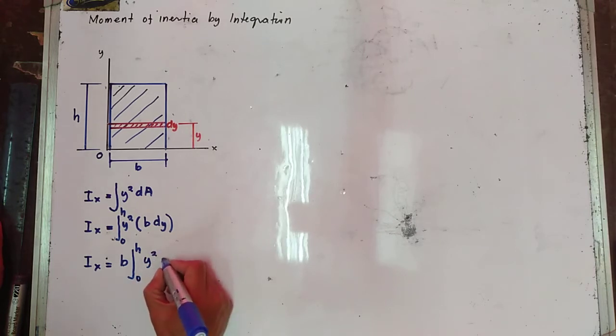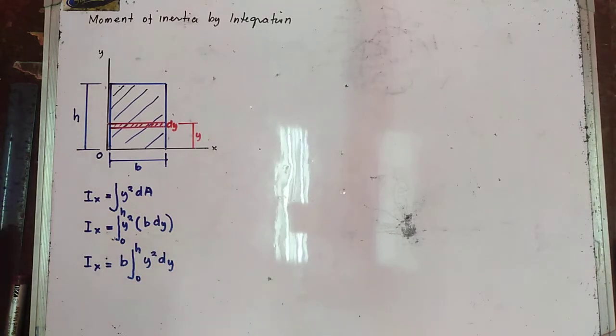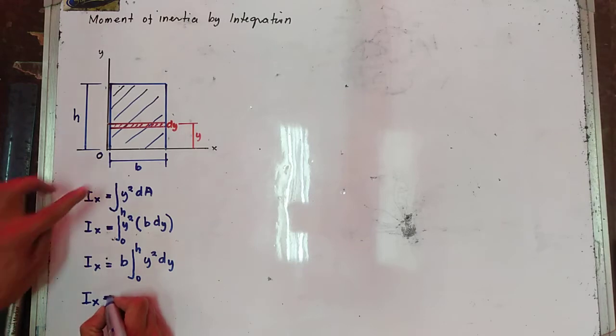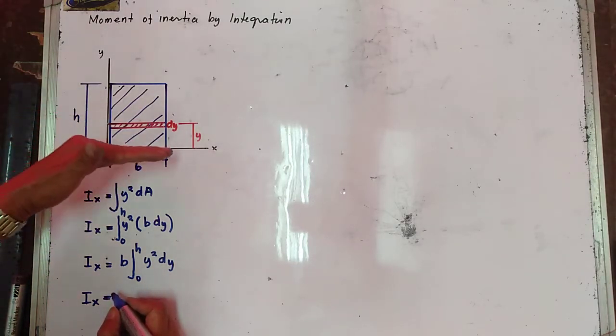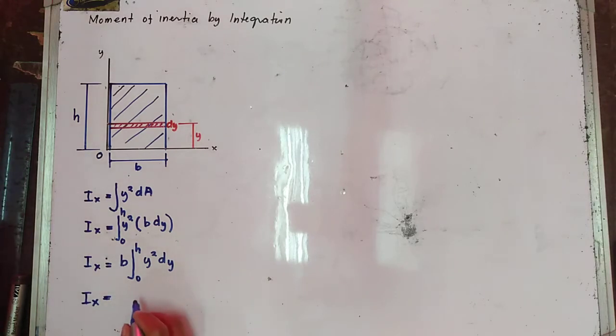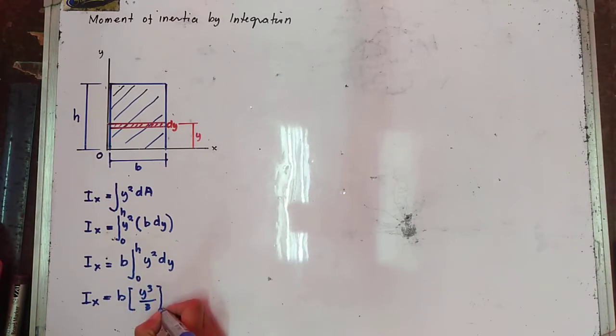So the moment of inertia with respect to the given x-axis, at the base of the rectangular area, is equal to b times the integral of y squared dy, which is y cubed all over 3, from 0 to h.